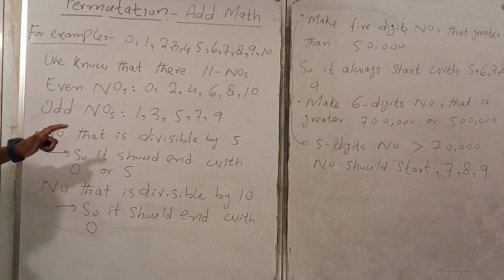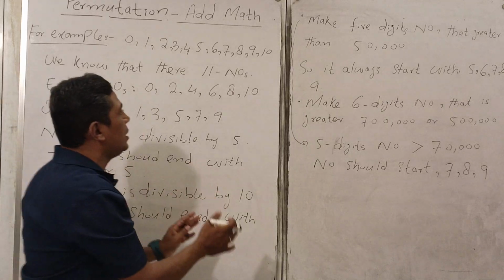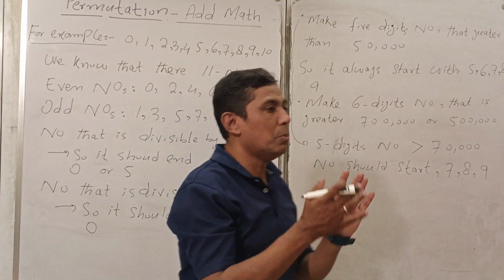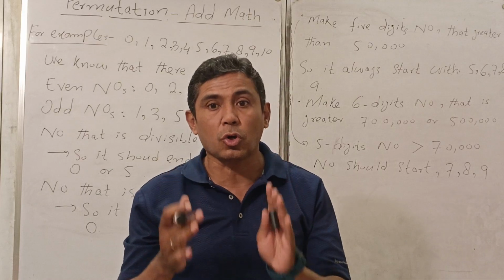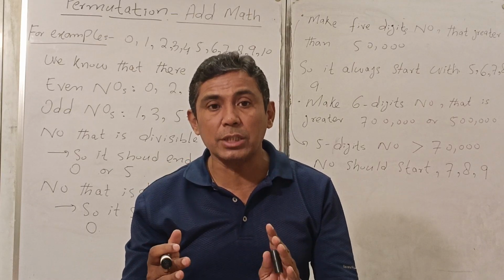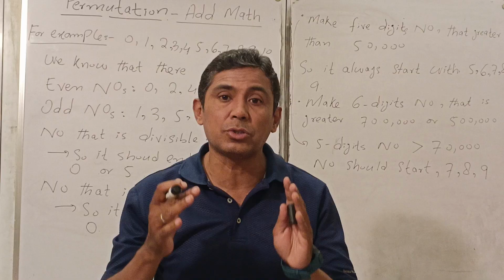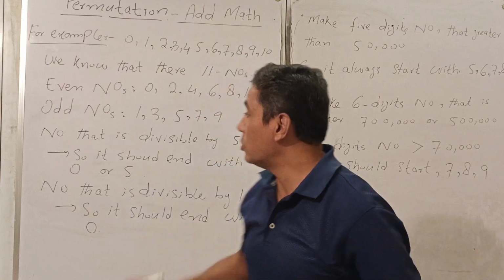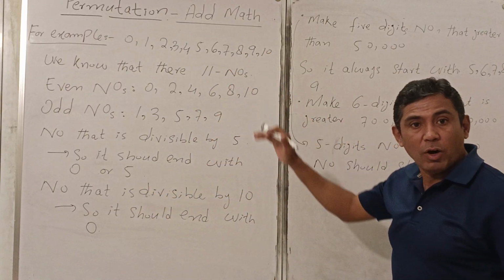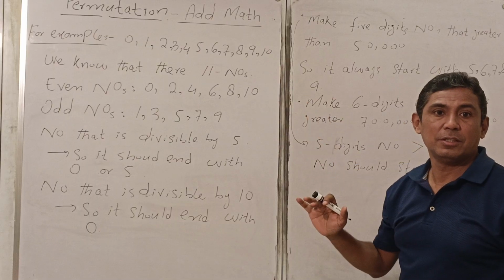The other condition is greater than and less than. So these all are the restrictions to solve questions of permutations. So these are different requirements and restrictions.